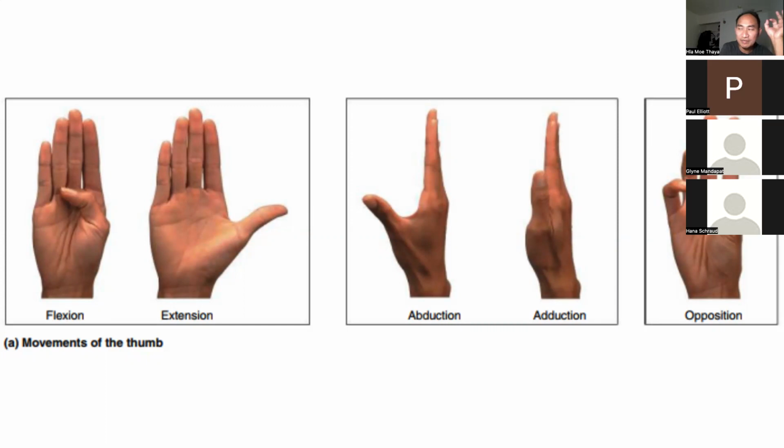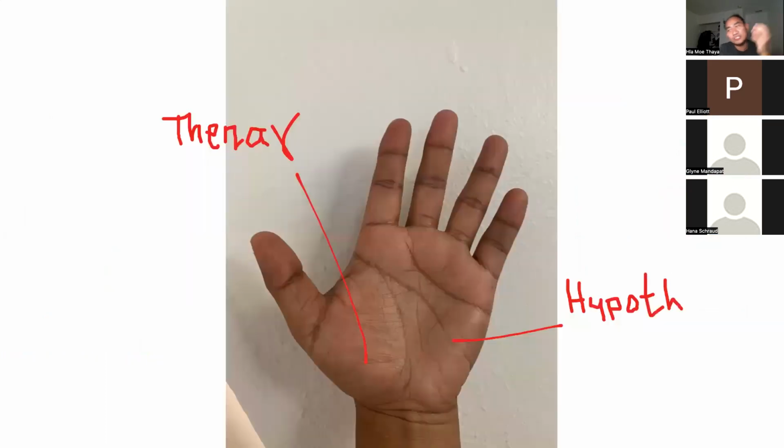So these are the terminologies, and which muscle is doing the job. Of course, our thumb is equivalent to the four other fingers in usefulness. If you want to pick up something, you use your thumb plus your index finger, or if you don't have an index finger, you use your middle finger.